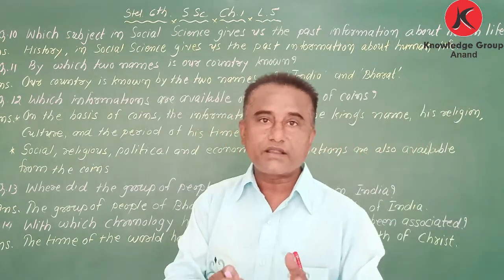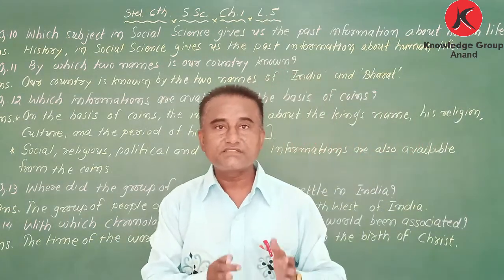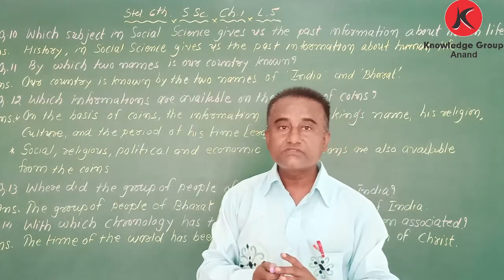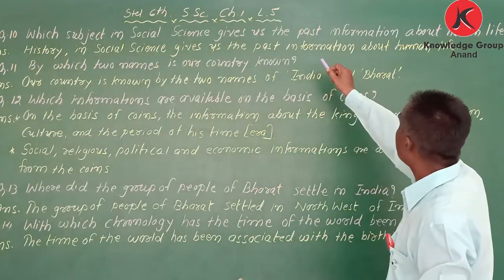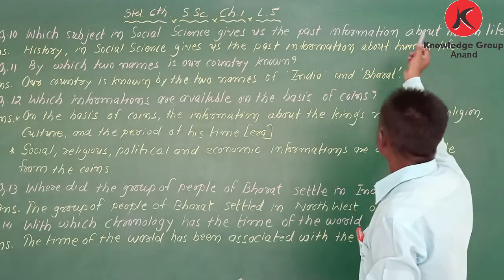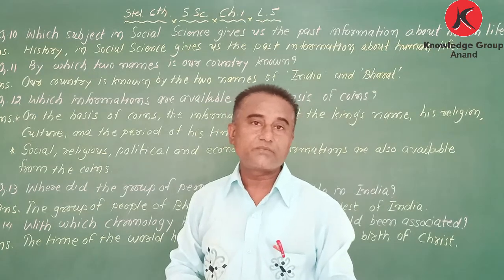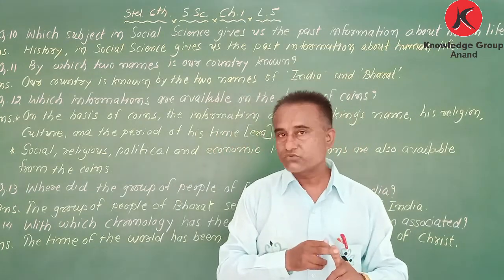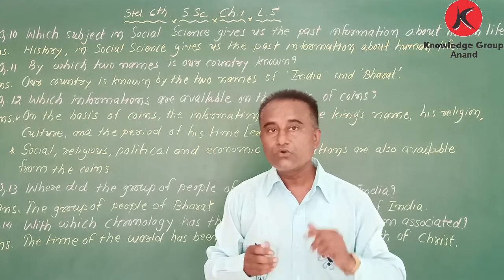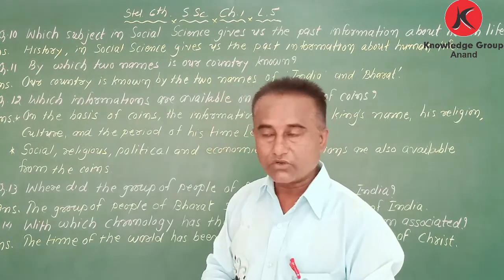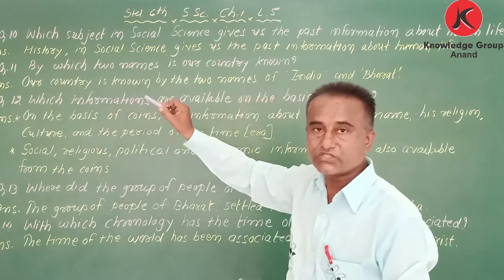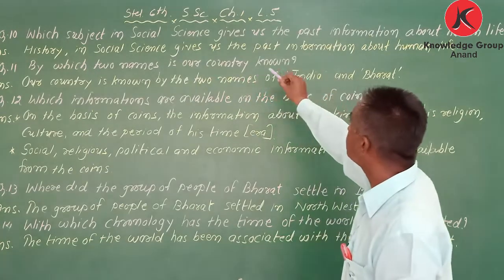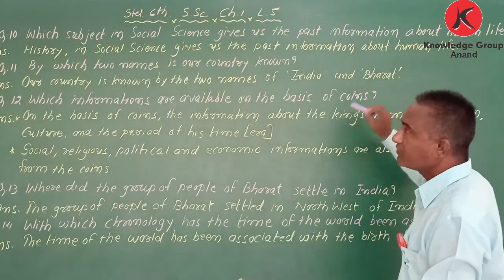Which part of the social science gives information about human life, past information? Geography? No. Political science? No. What is that? History. Okay, so history in social science gives us the past information about human life.